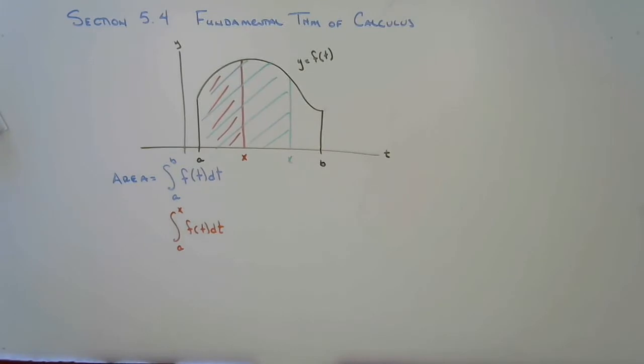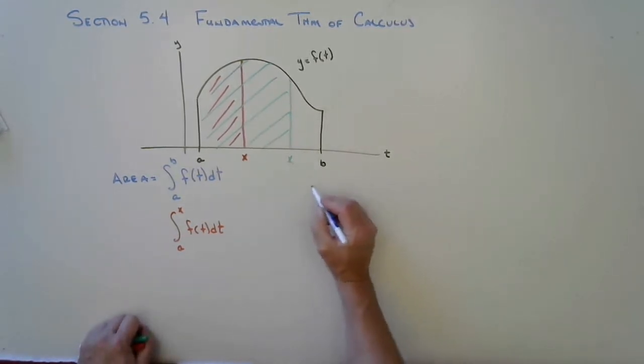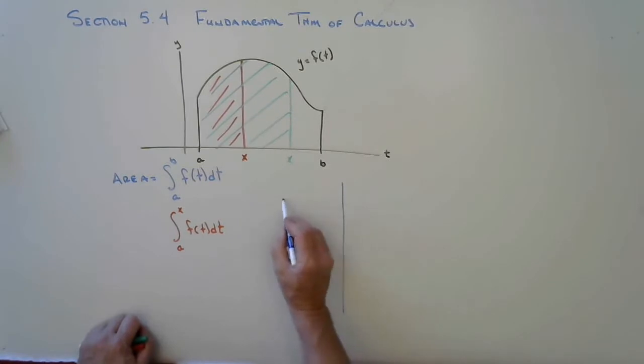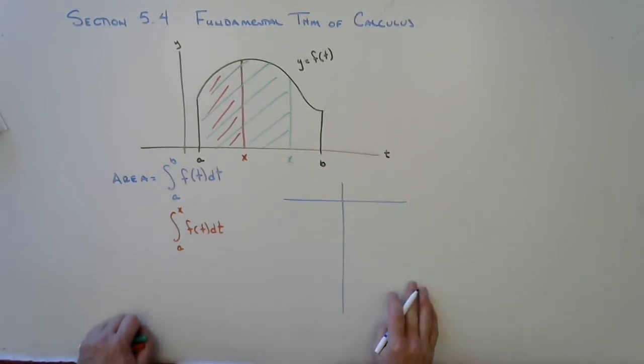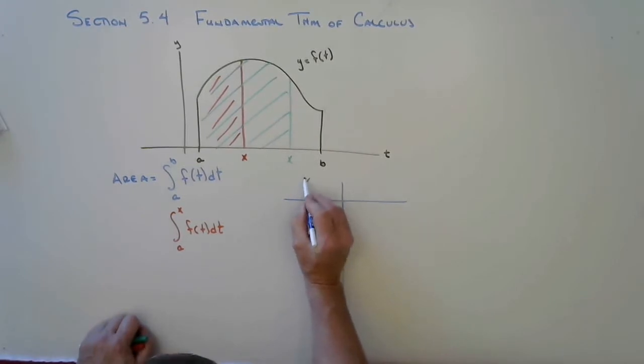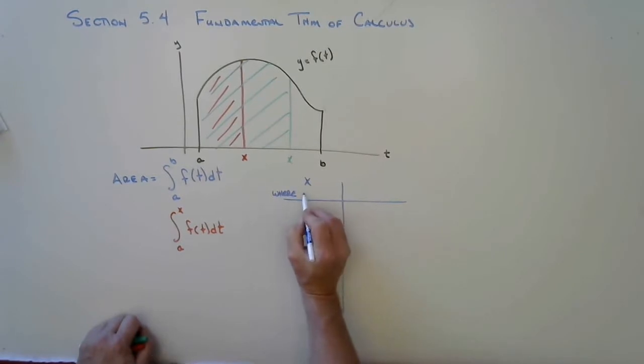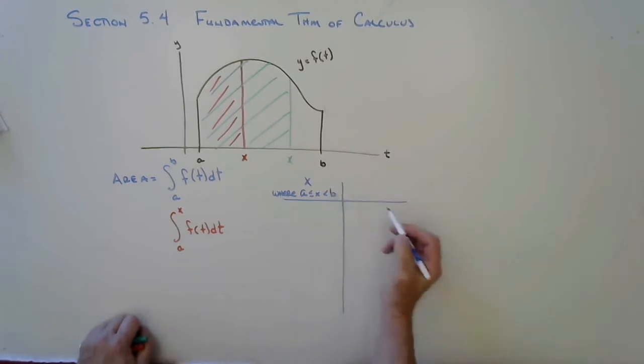So we're going to have a function that, if we were back in an Algebra 1 class, we would make a t-table. That's what we do. Well, what is this going to look like? What's our t-table from Algebra 1 going to look like? Well, our independent variable is going to be x, where a is less than or equal to x is less than or equal to b.